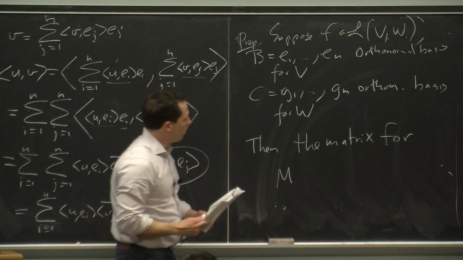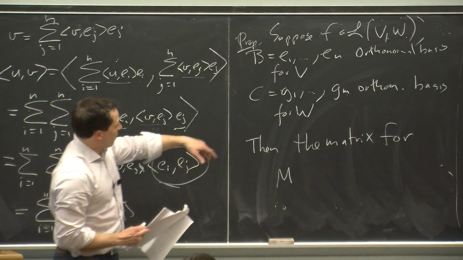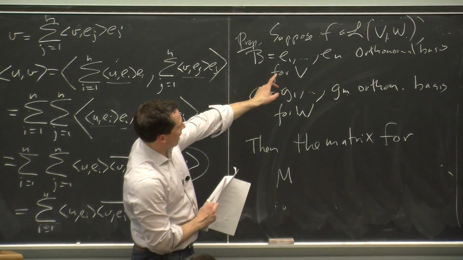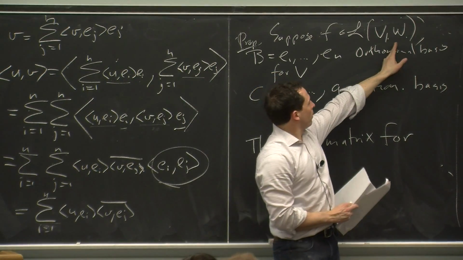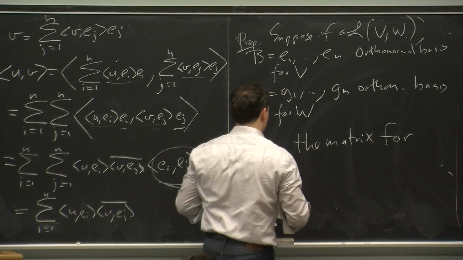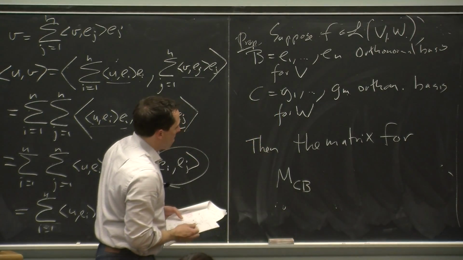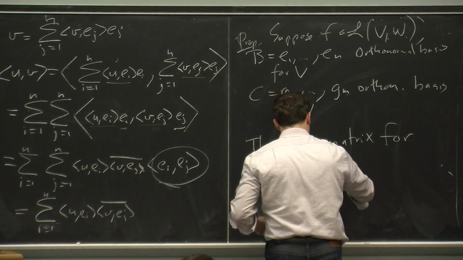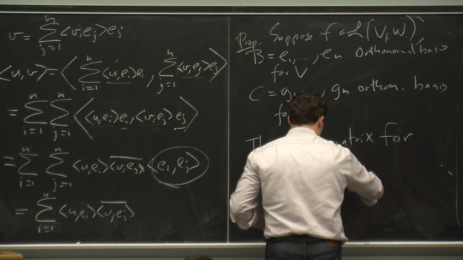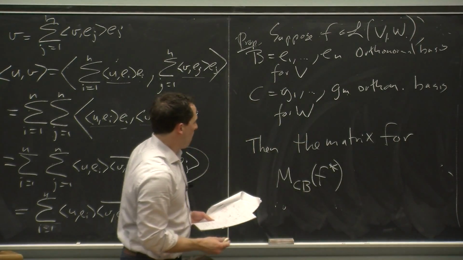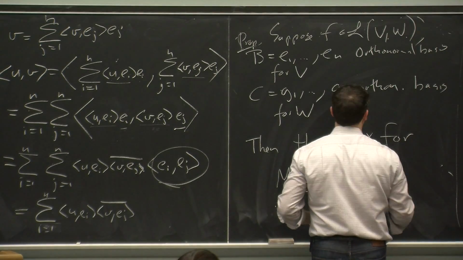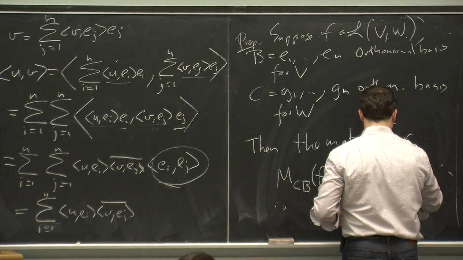Okay, so there's two matrices here. F star, F adjoint, is going to go from W to V, and that means it will be the matrix with respect to the basis C first, then B. The matrix of F star, I want to explain what it is in relationship to the other matrix.